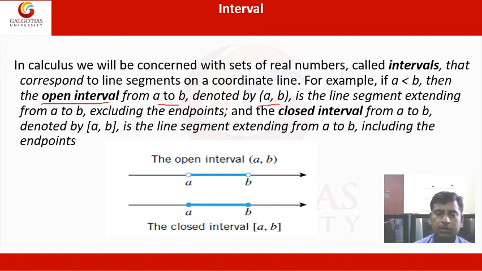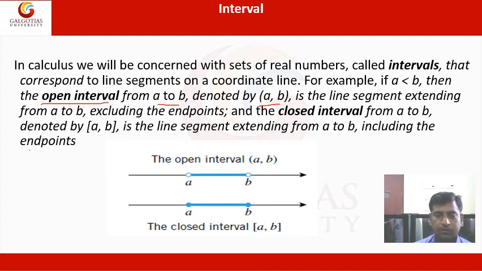included. Similarly, the closed interval from a to b is denoted by a to b with square brackets. So the closed interval from a to b is the line segment extending from a to b, also including the endpoints, that means a and b. So this is denoted geometrically.